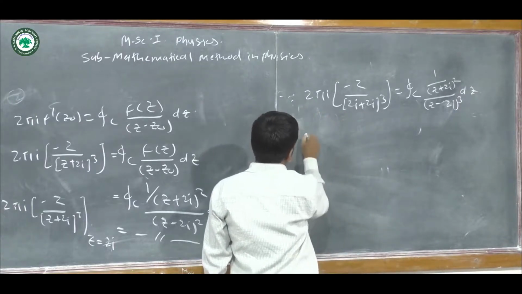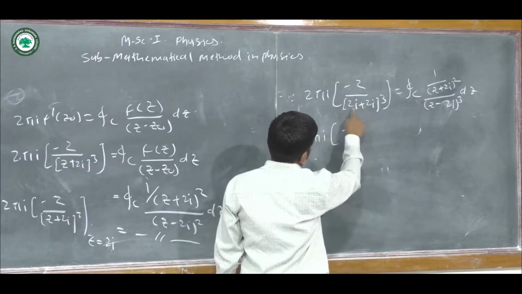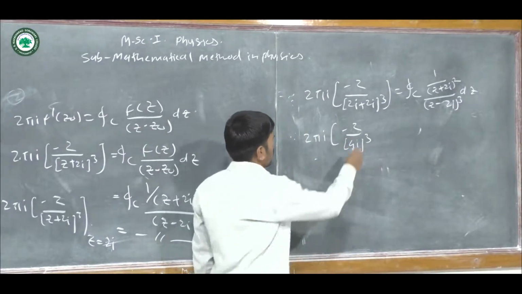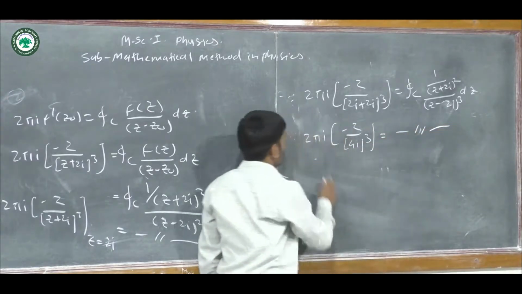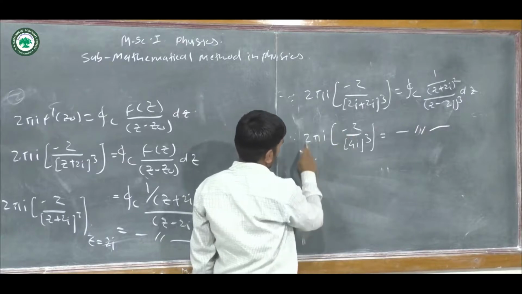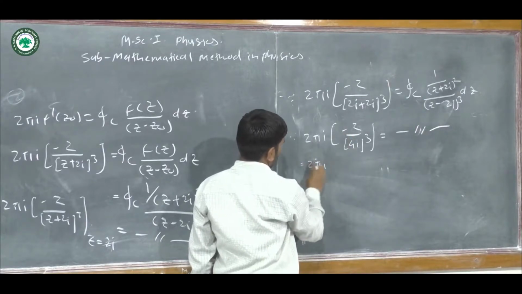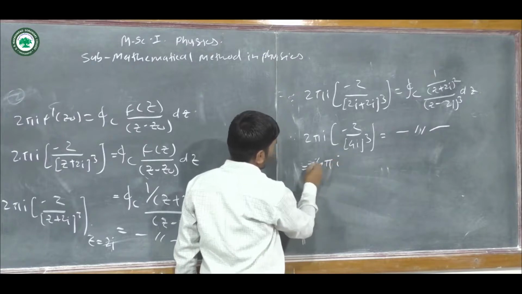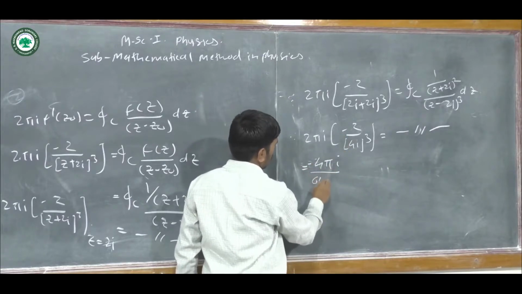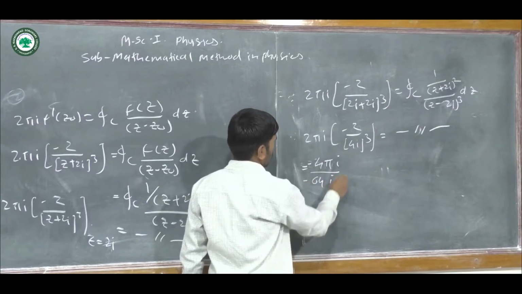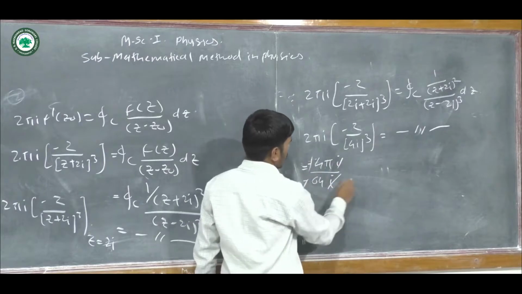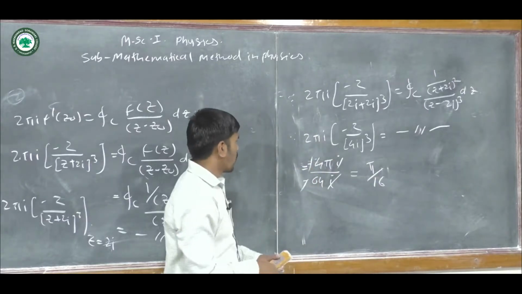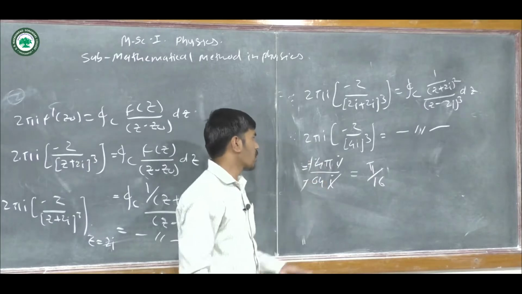Now 2i plus 2i is 4i, so cubed it is 4 cubed i cubed, that is 64 times minus i, and the numerator is minus 4 pi i. So we can write 4 pi i, with the minus sign, divided by 64 times minus i. The minus and the i cancel, and dividing numerator and denominator by 4, this is equal to pi by 16.